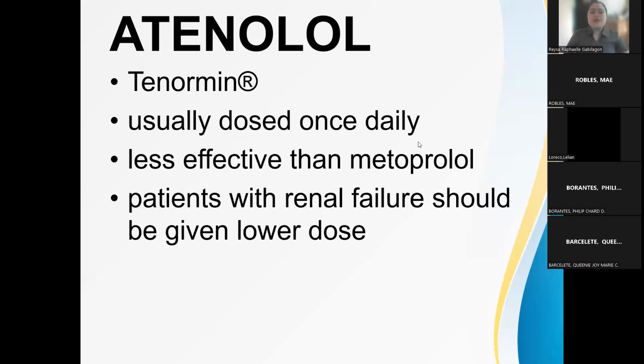Now, how about atenolol? Tenormin class is our innovator drug also. So again, when you say innovator drug, that's the first na brand in the market. They were the first one who made a drug that has atenolol as the active ingredient. Now, si atenolol naman is ginagamit siya once a day only.